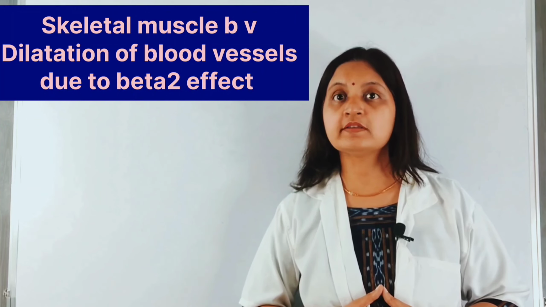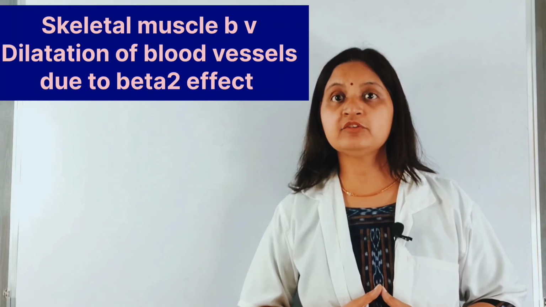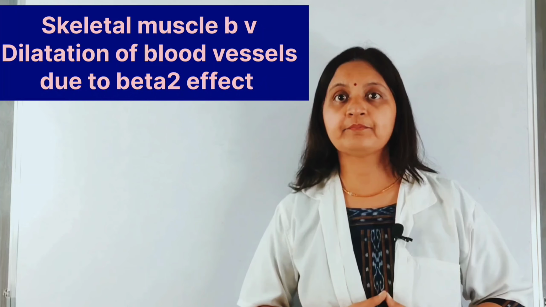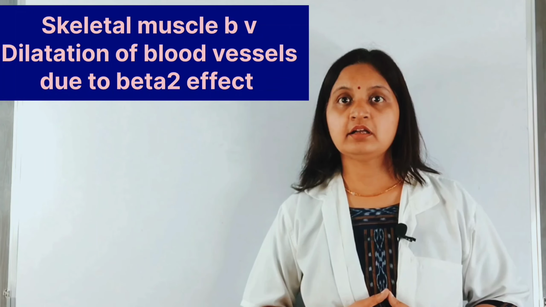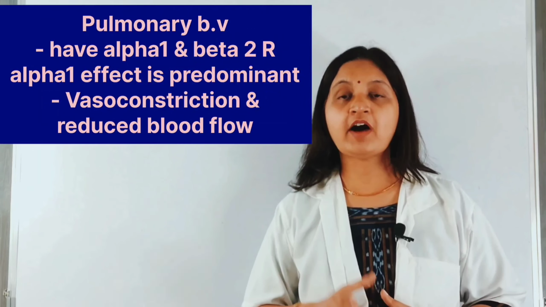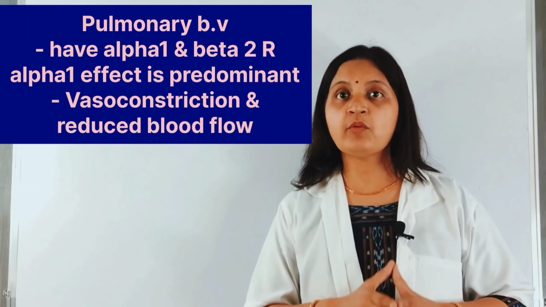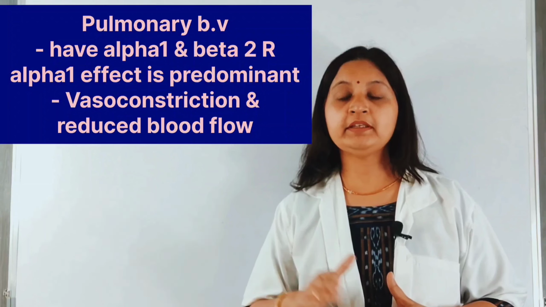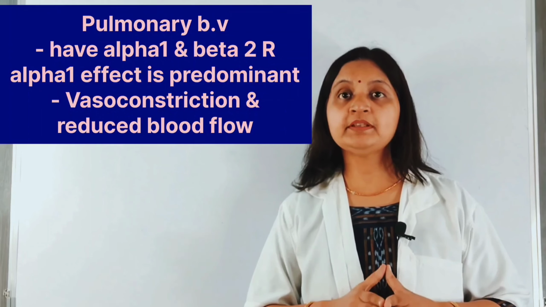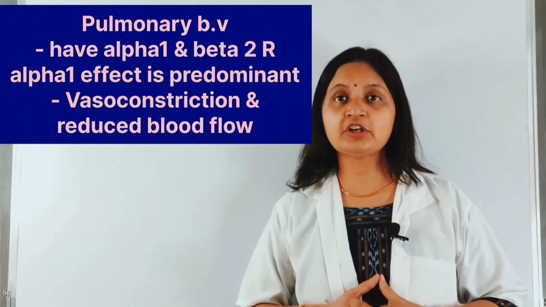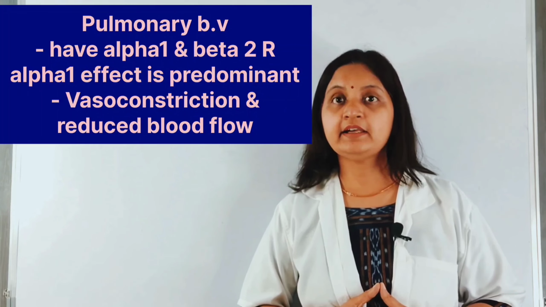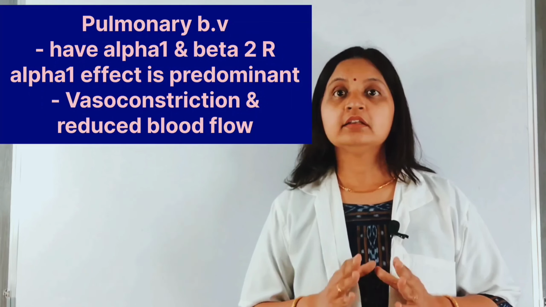The skeletal muscle blood vessels are dilated on sympathetic stimulation, and this is due to beta-2 effect. The pulmonary blood vessels have alpha-1 and beta-2 receptors. However, the alpha-1 effect dominates over beta-2 effect. Therefore, sympathetic stimulation results in constriction of the arteries rather than dilatation of the arteries.